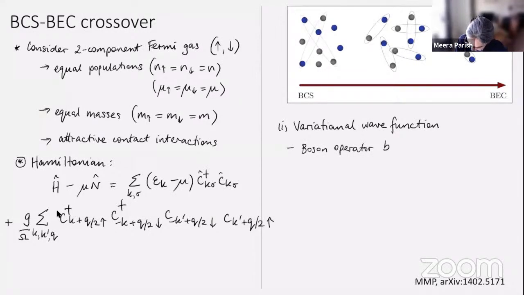So that would be, if I have a boson at some particular momentum Q, I can write it like this. Okay, let me move this over.